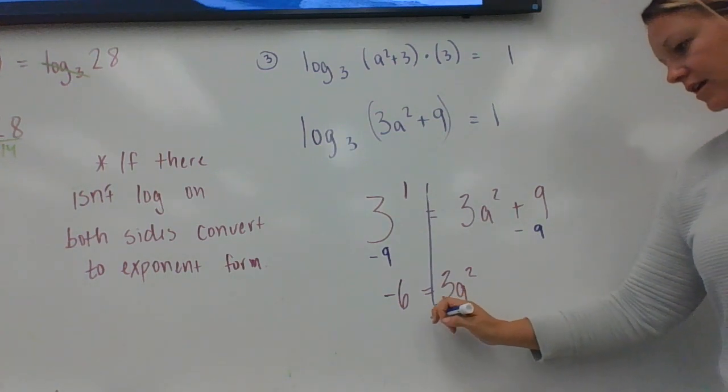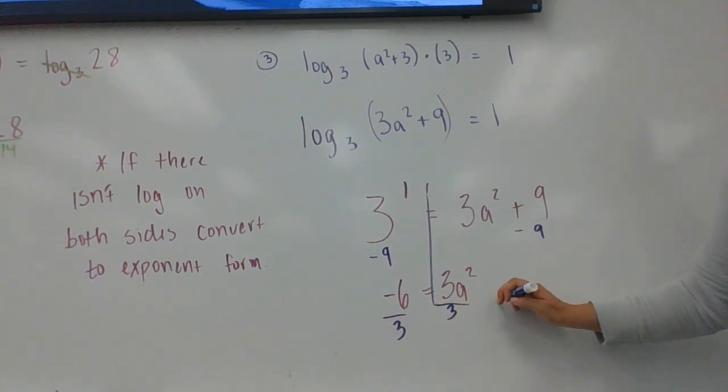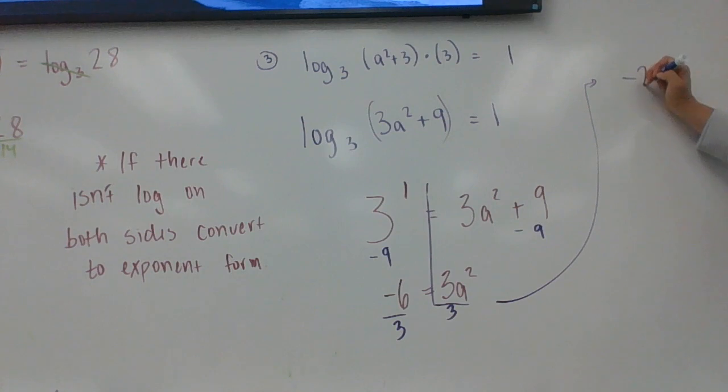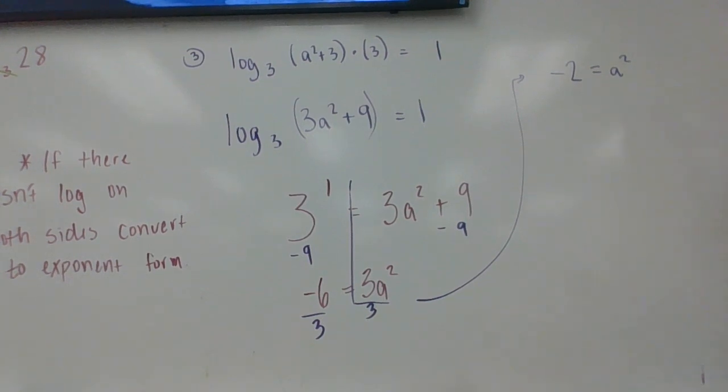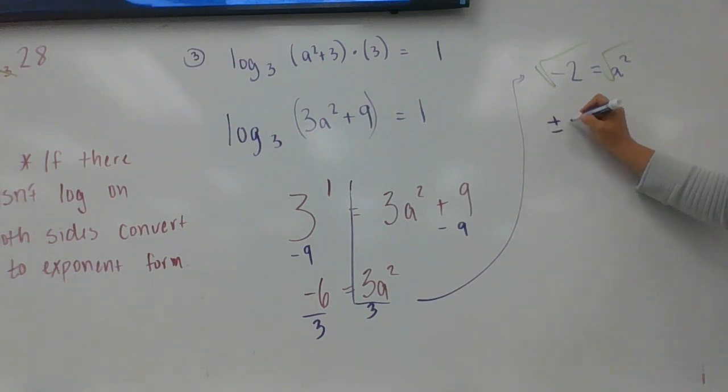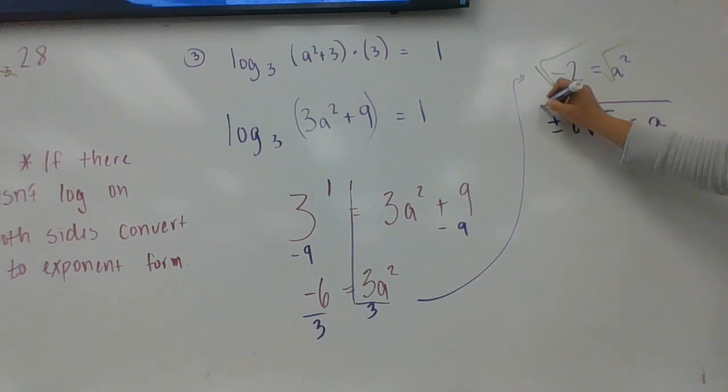Divide by 3. Negative 2 equals a squared. And now we will square root. Plus or minus i square root 2 equals a.